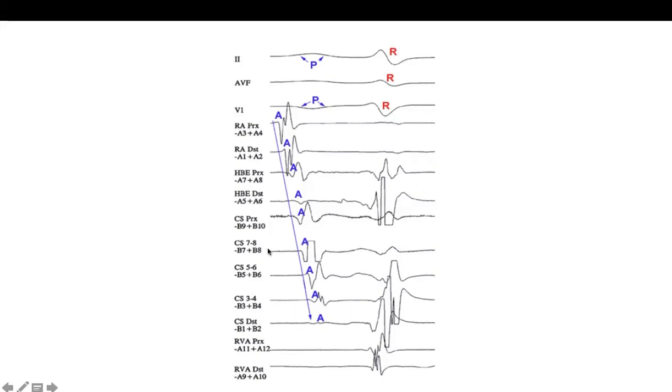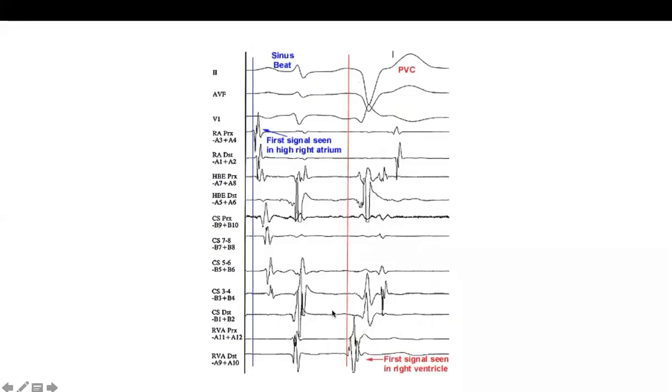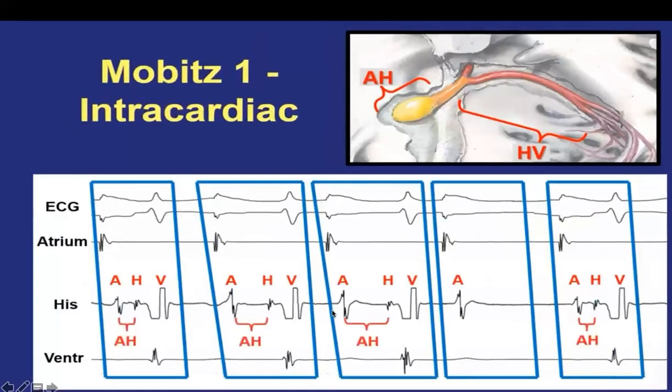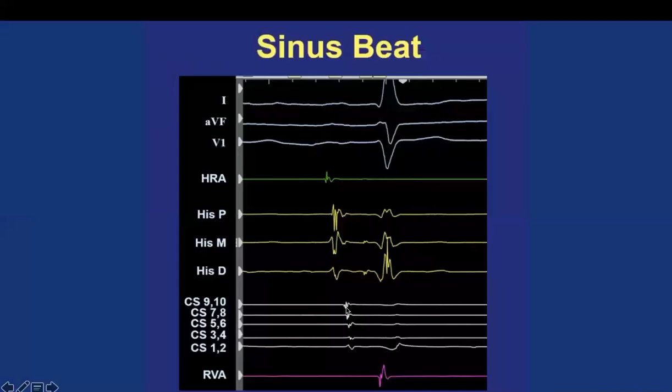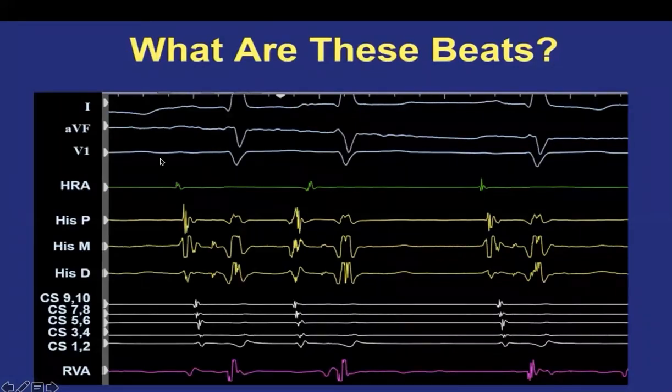And we talked about the early activation versus late activation. For example, the right atrium is activated before the left atrium, because this is the distal CS recording from the left side of the heart. Okay, and we talked about the infrahisian and suprahisian blocks, and we gave examples of the sinus beat versus PAC.